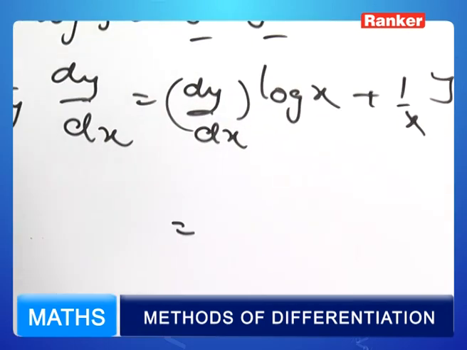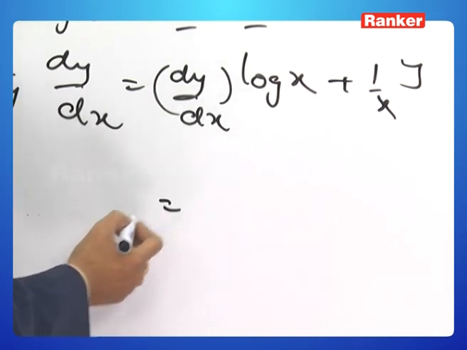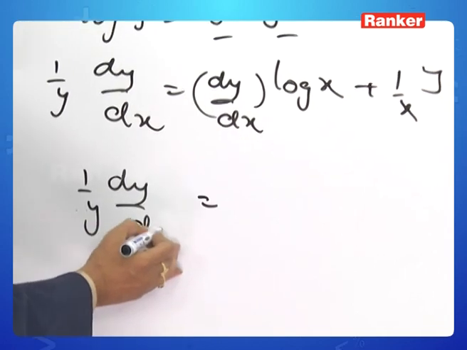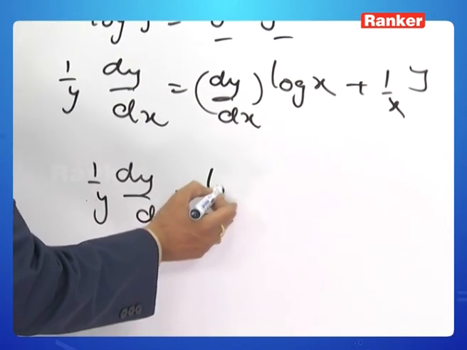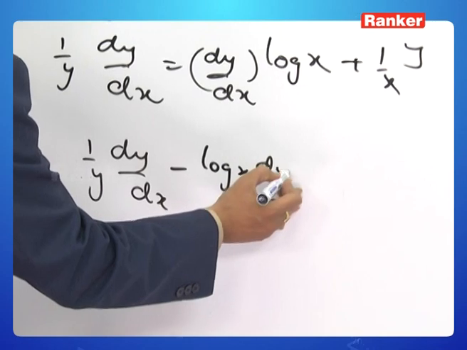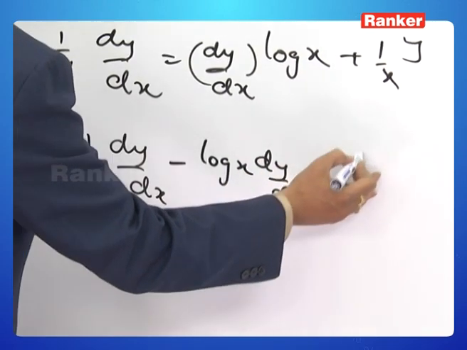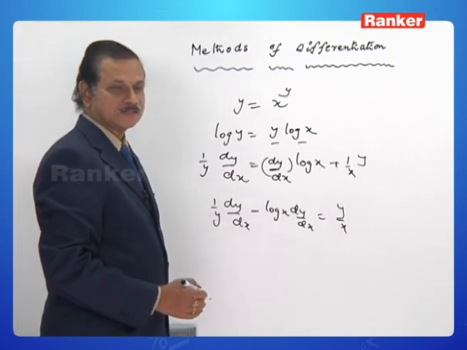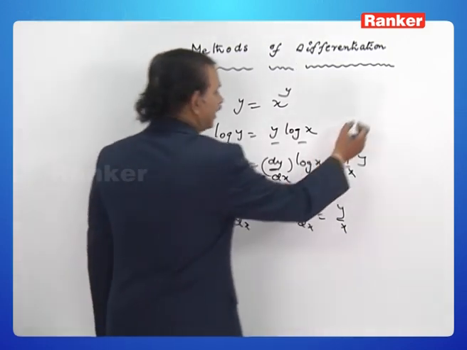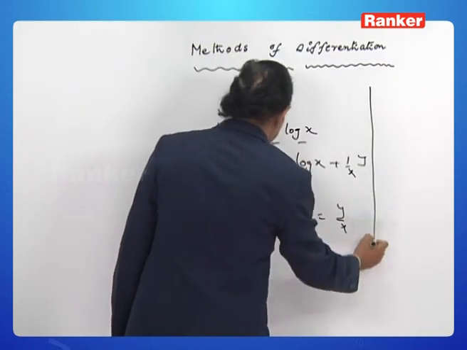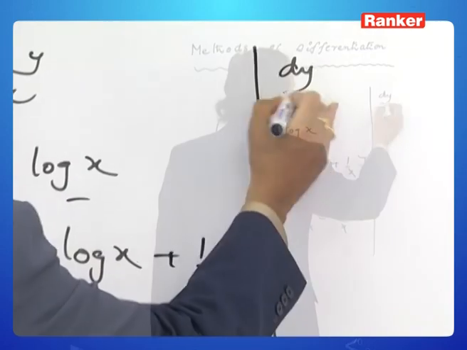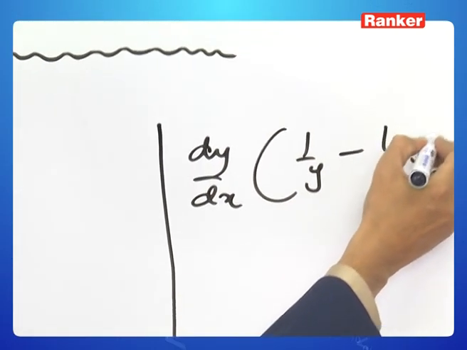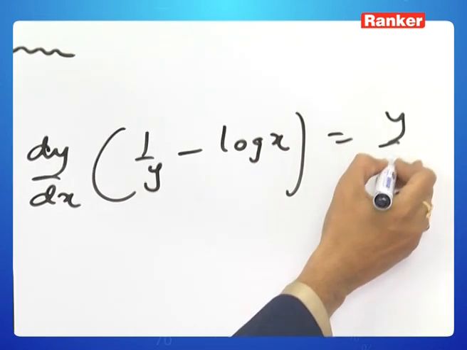So that this is 1 by y into dy by dx minus log x into dy by dx is equal to y by x. Our purpose is to get dy by dx. You get dy by dx out as a common factor. What can you see? dy by dx into 1 by y minus log x is equal to y by x.